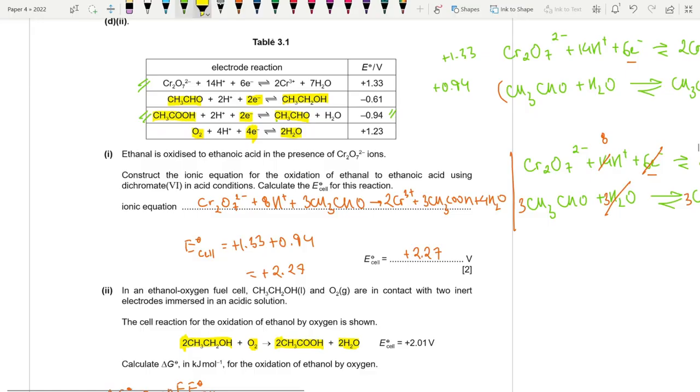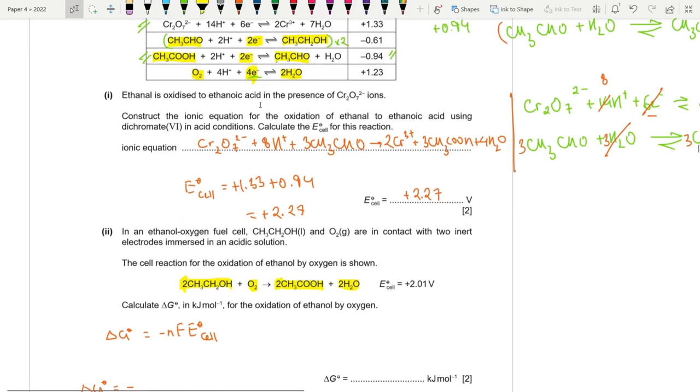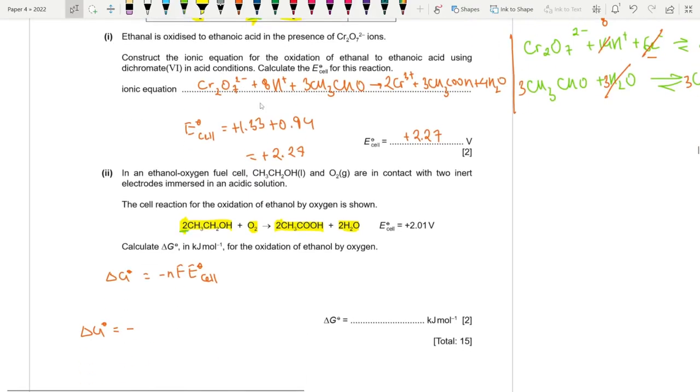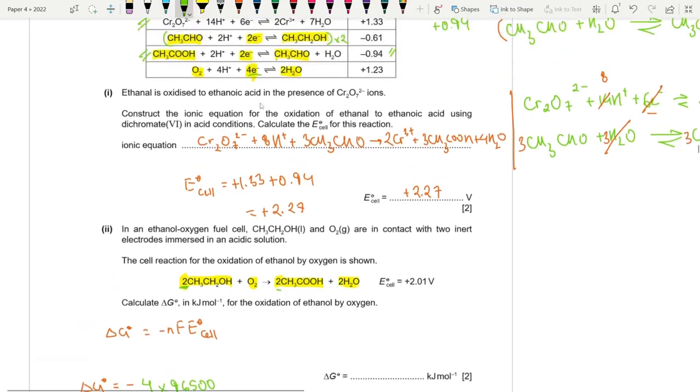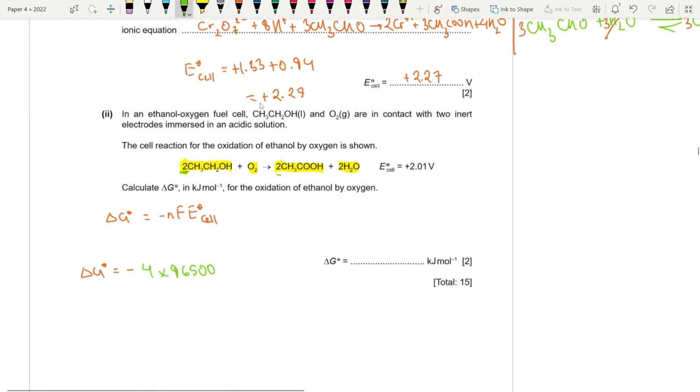So yeah, basically when you try to balance this equation with the one below, you have to multiply a 2 with this, because 2 times 2 is 4, and then this balances, or else either equation wouldn't match. That is the origin of this 2 over here. Okay, so this should be a minus 4. F is the Faraday constant at 96,500, and the E cell for this equation is given as plus 2.01 volts.